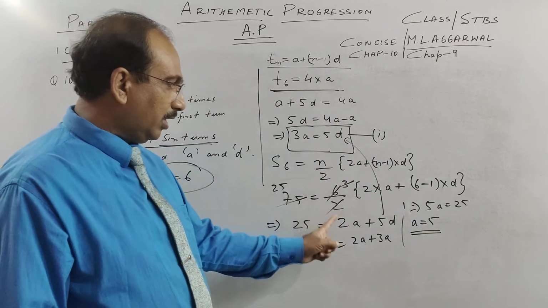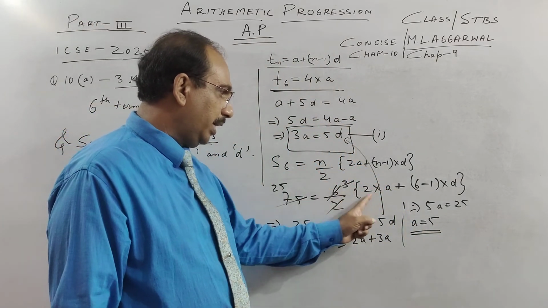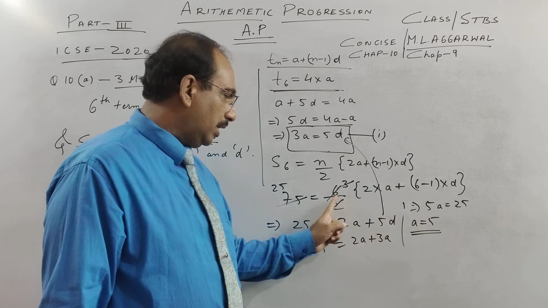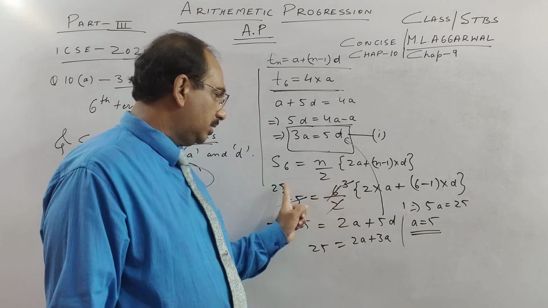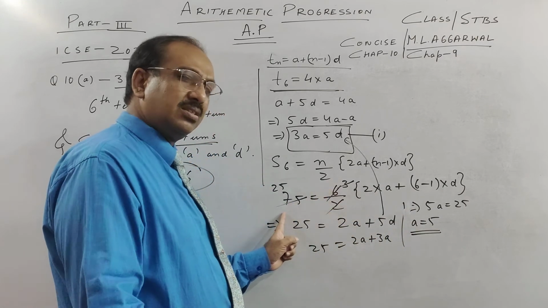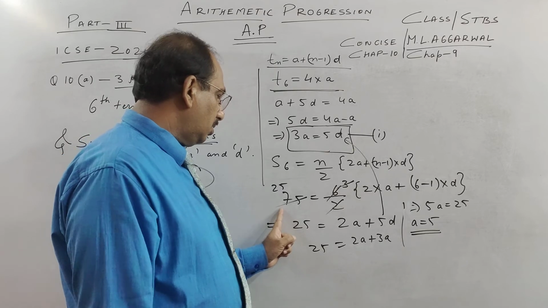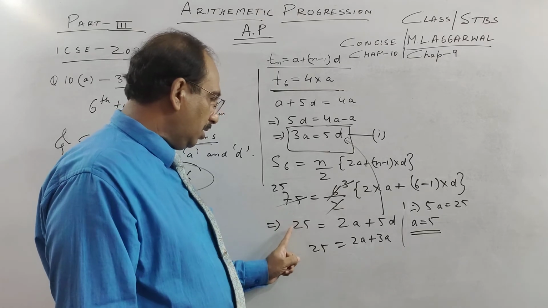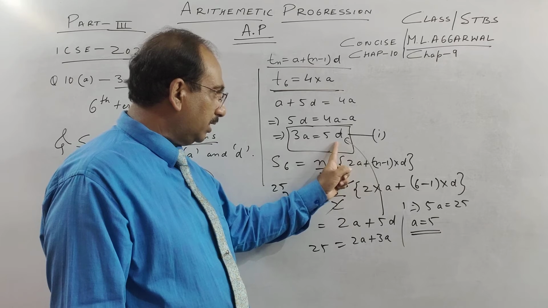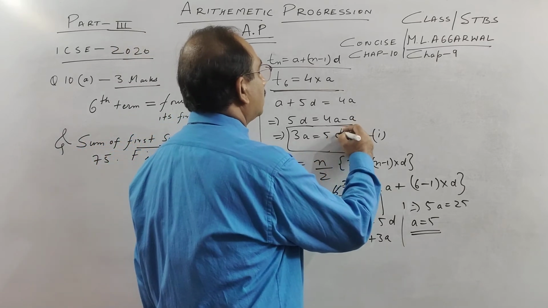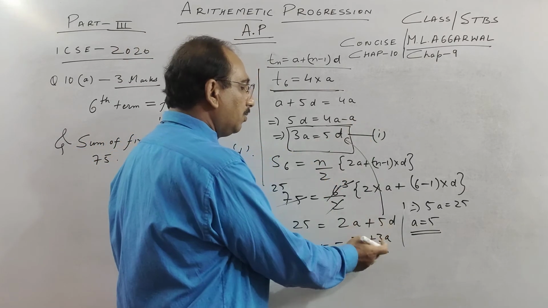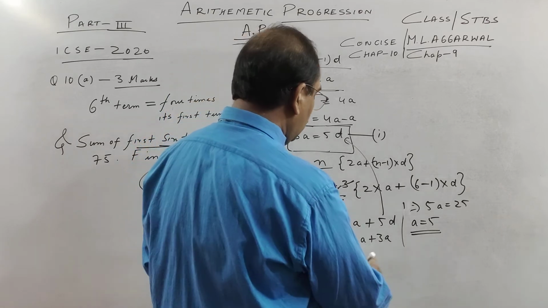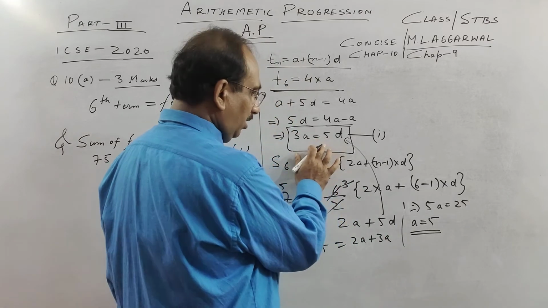See what I have done, 5D. So simply 2A plus 5D, and here as I told you we have cancelled, and this side also up, or you could take this 3 down. So we have avoided 1 or 2 steps. Now the most important thing, 5D is equal to 3A. So we got A, substitute in place of A here.